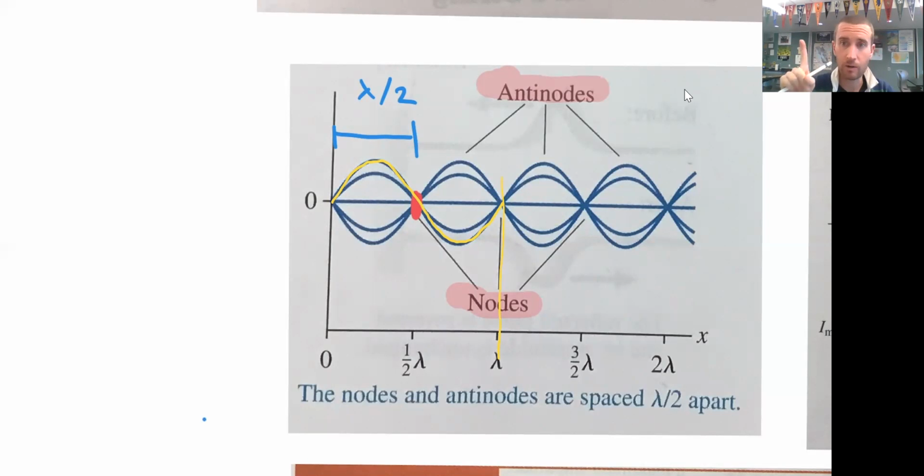Since 2 bumps is 1 wavelength, half of a wavelength, or wavelength over 2, is 1 bump right here. So the nodes and the antinodes are each spaced half of a wavelength apart, the antinodes being the bump part, and the nodes being the neutral part that is still. Okay.